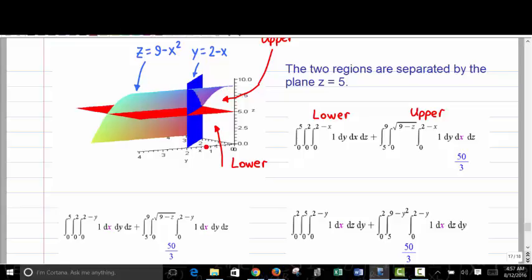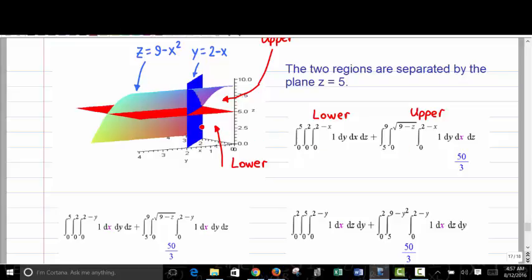You're either going to the plane y equals 2 minus x, or you're going to the curve. So depending upon the order of integration, I could take a look at one of these real quick and not do all of them. For this one, it's mainly because of that x more than anything else. You have to split it because the x is the problem.